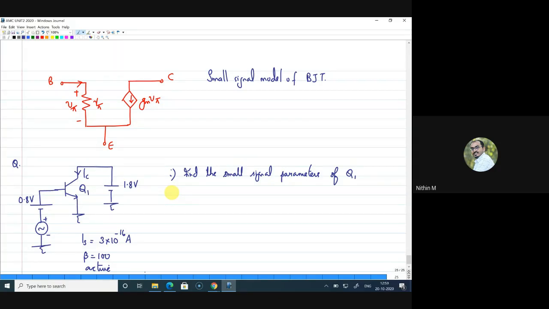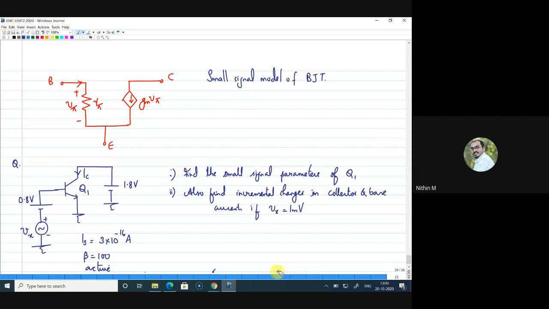And after finding small signal parameters, also find the incremental changes in collector and base currents if the source, I'll call this source Vx, if Vx is equal to 1 millivolt.